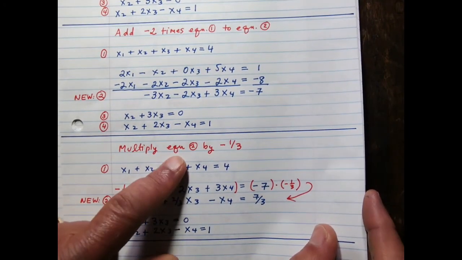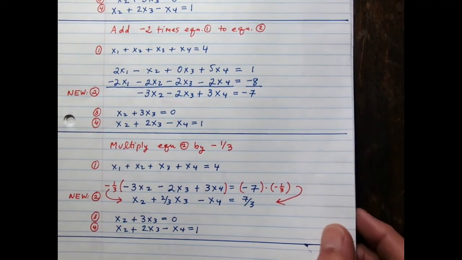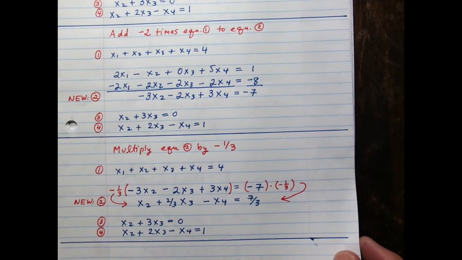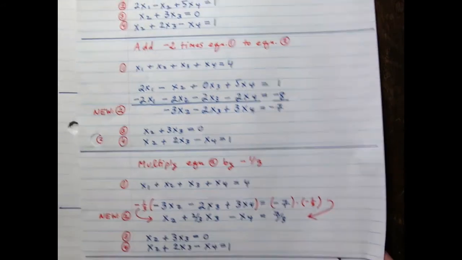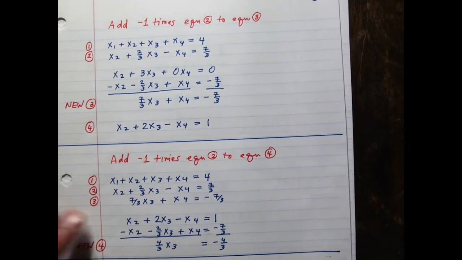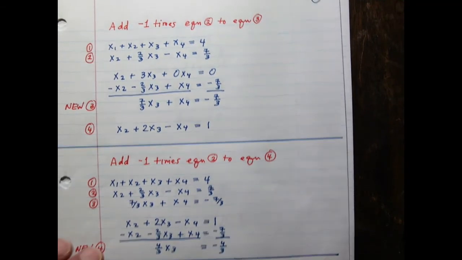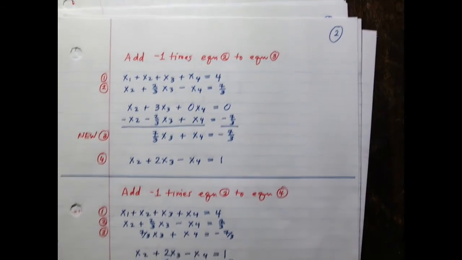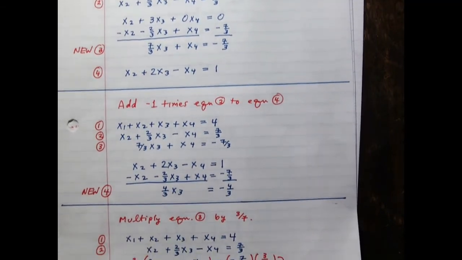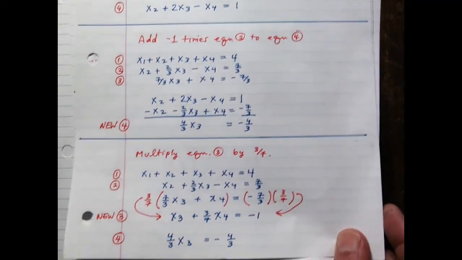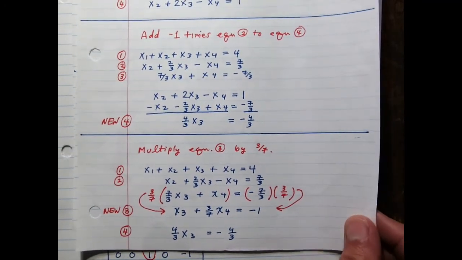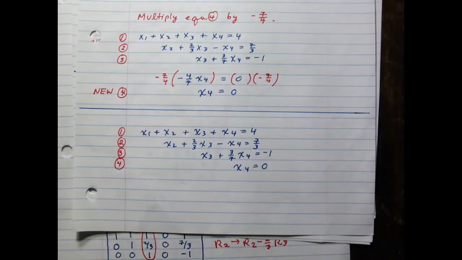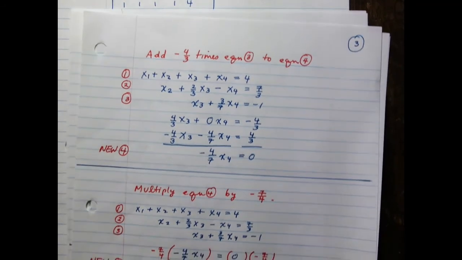The next step, where we multiplied equation 2 by negative 1/3, gives us a new equation 2, leaving equations 1, 3, and 4 alone, as they were originally. I'm just going to slide these pages by, because I went through each one of the matrix steps, and wrote down what that meant as far as the equations were concerned.